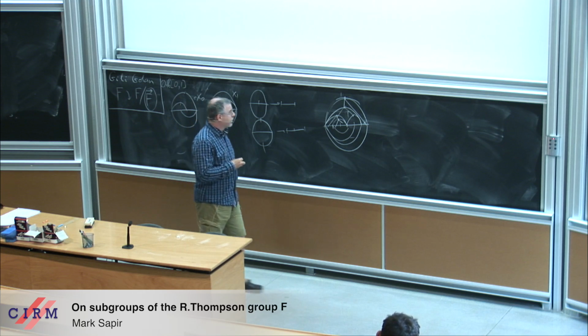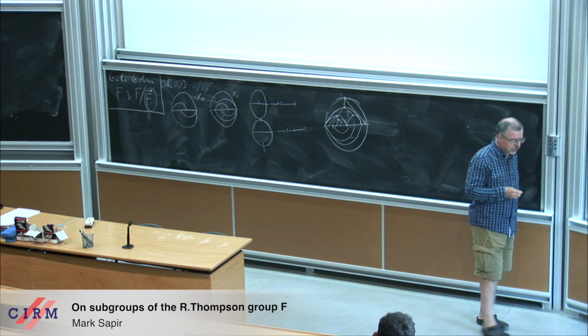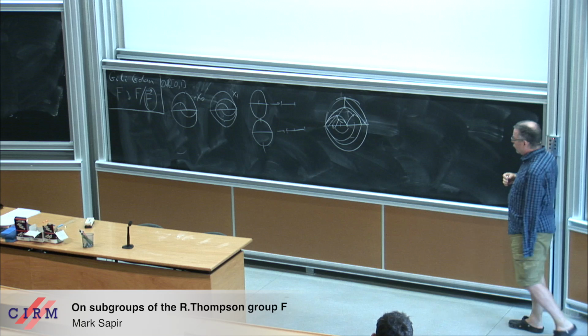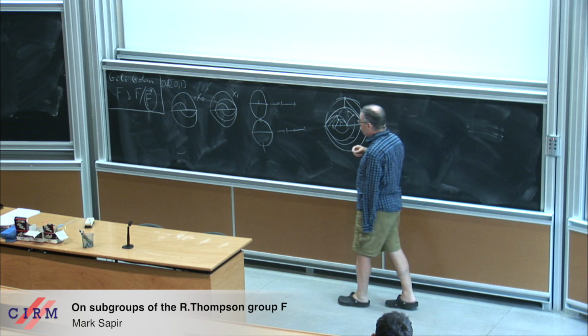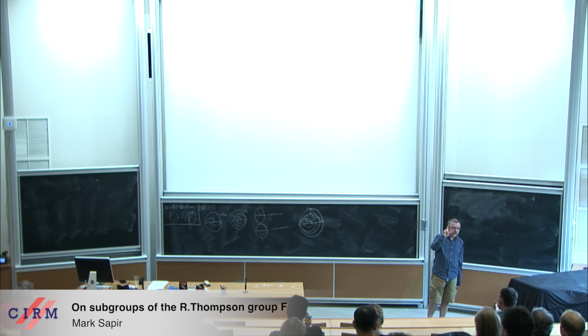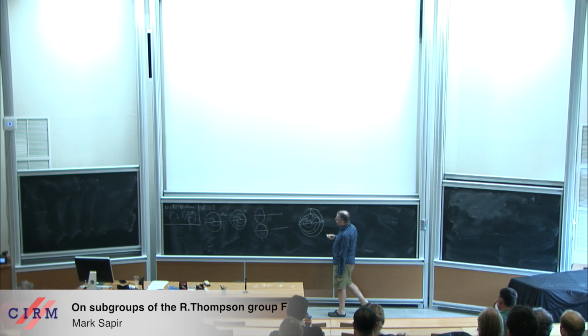There is another definition, which in a computational sense is more useful. Namely, the Thompson group acts on the set of binary fractions, right? It is a piecewise linear function with breakpoints at dyadic fractions and powers of two as slopes. How does it act on binary fractions?